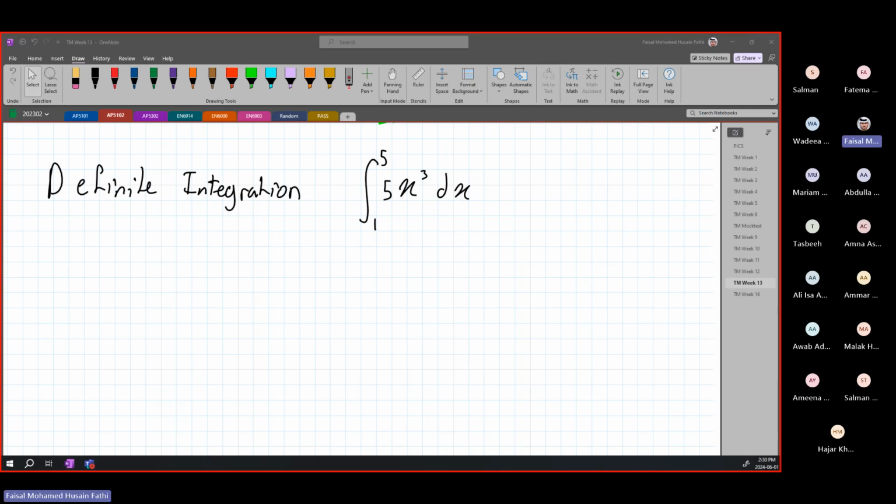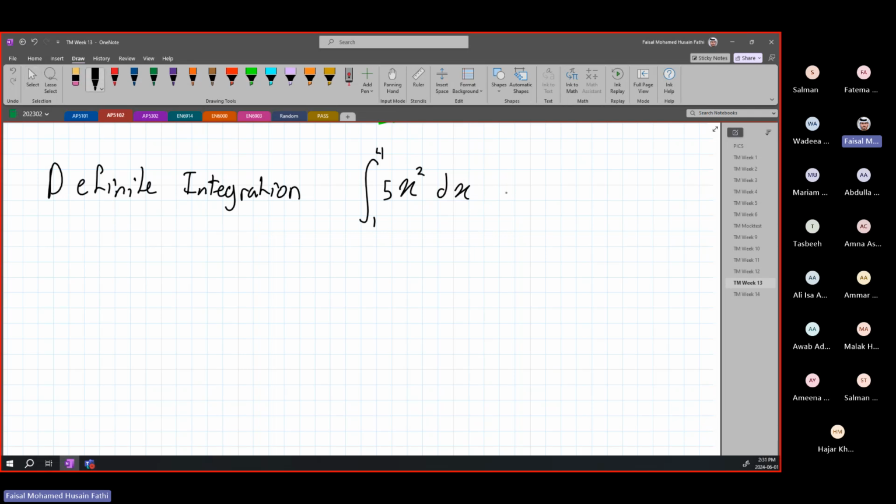How do you solve for a definite integration? The integrating part is exactly the same as the indefinite integration. Let me use different numbers so it matches the workbook, because someone wanted me to use questions from the workbook. So this was 5x squared. How are we going to do this definite integration? So the first thing you're going to do is the actual integration like we usually do for anything.